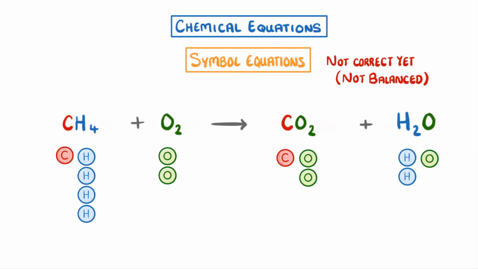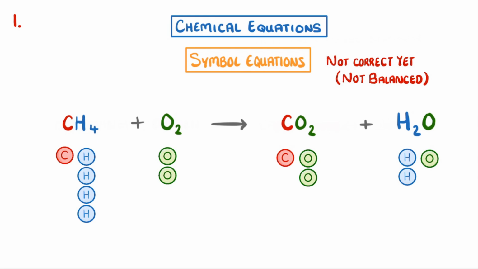So our equation isn't balanced. Somehow we need to increase the number of oxygens on the left-hand side, and increase the number of hydrogens on the right. Now, it's absolutely fine if you can't work out how to balance it in one go. Often, balancing equations is a process of trial and error, where you keep on changing numbers until you get the answer.